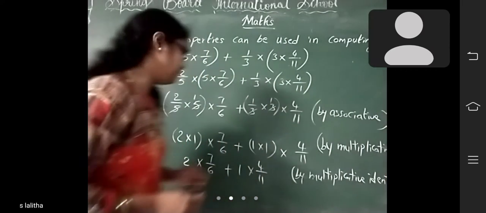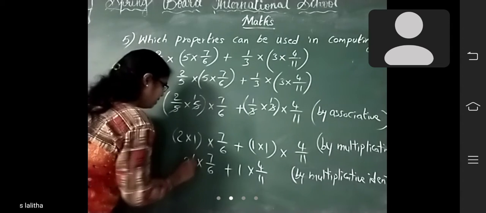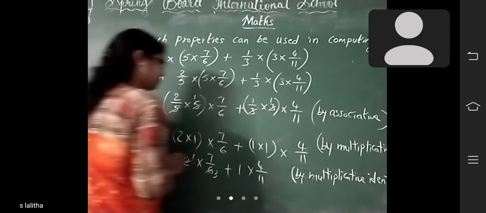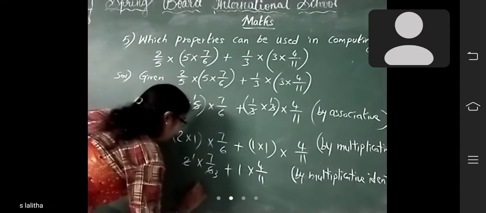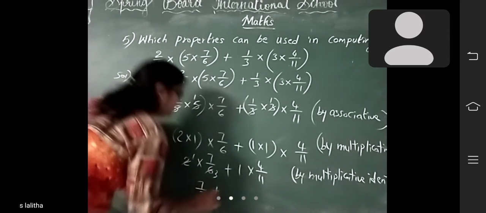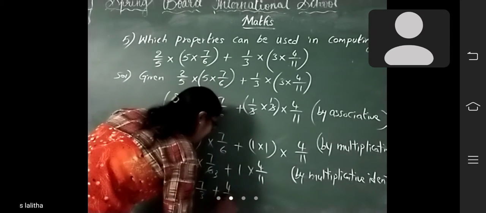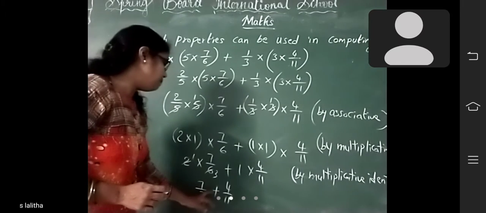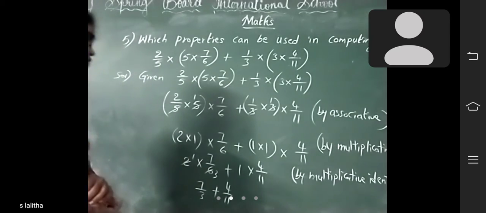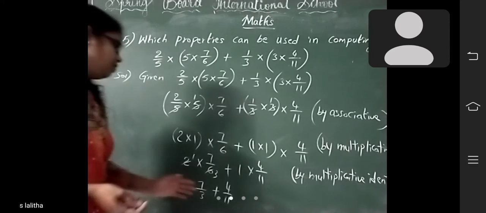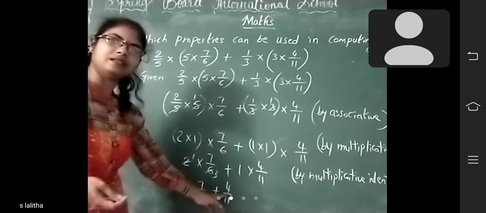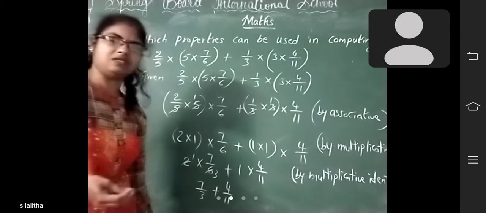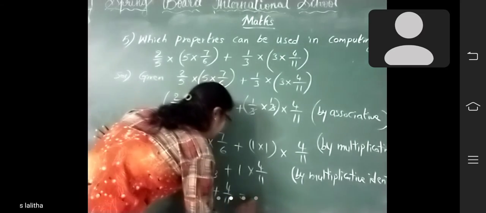Now 2 ones 2, 2 threes 6. So 1 into 7, how much? 7 by 3 plus 1 into 4, 4 by 11. Okay, 7 by 3 plus 4 by 11. If you simplify this one, what will be the answer?